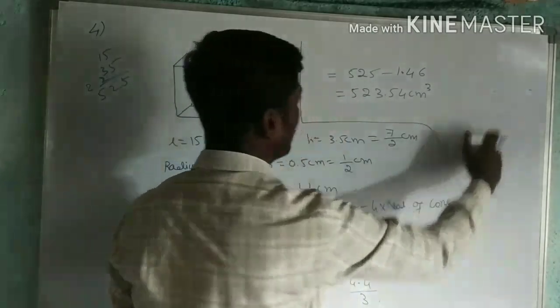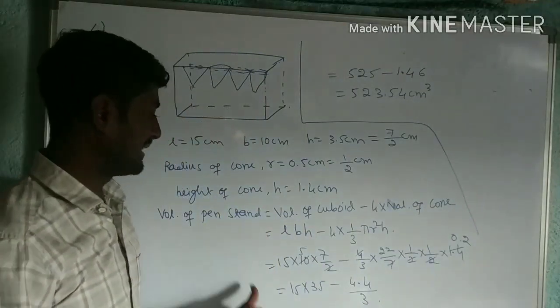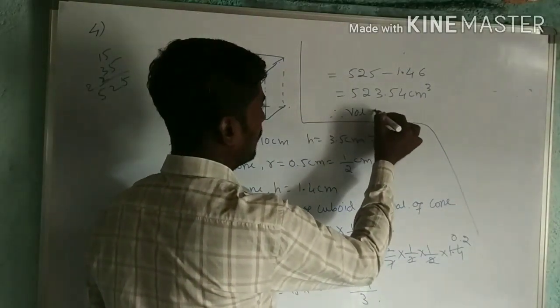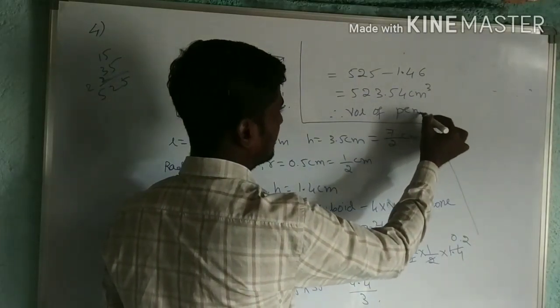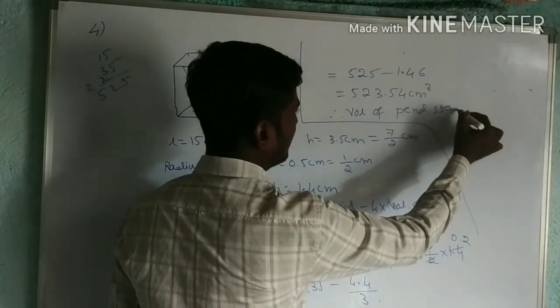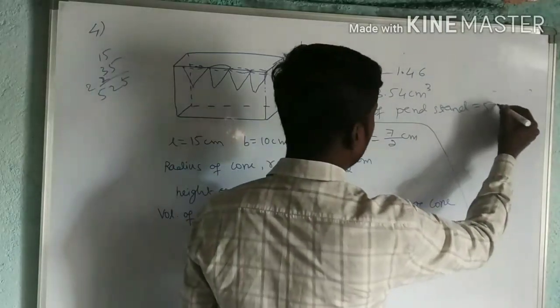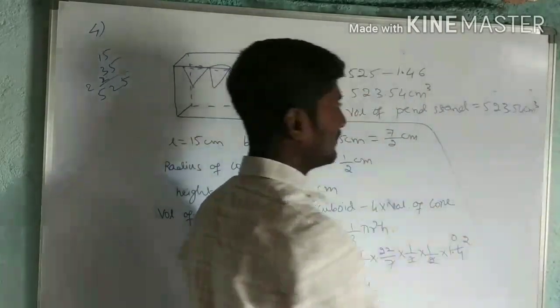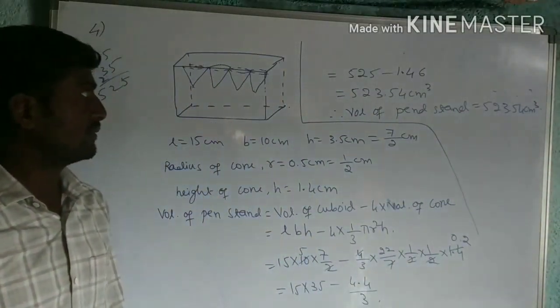So that is the volume of the pen stand. Therefore the volume of the pen stand is equal to 523.54 centimeter cube. This is how we can solve it.